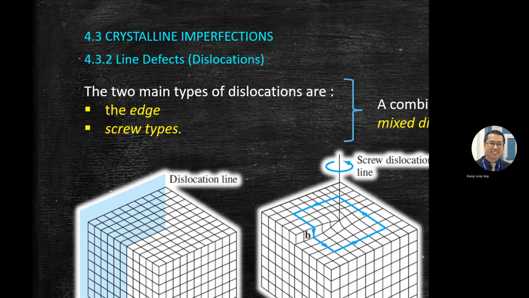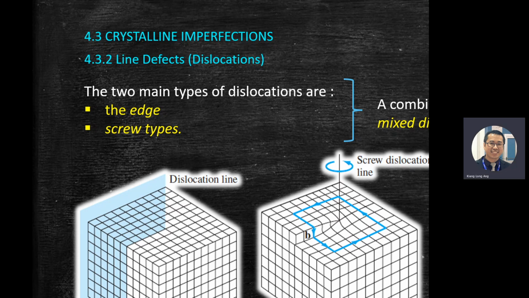Then how do you draw the Burgers vector for screw? You use your right hand rule. So this one goes up. The curving of your four fingers will give you the direction of your Burgers vector.